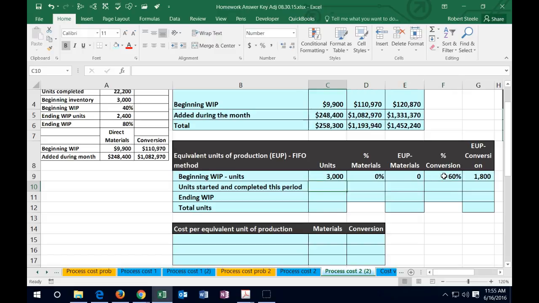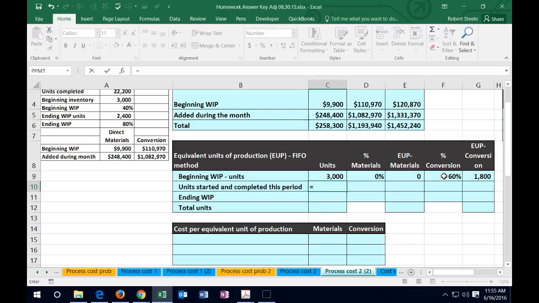So then we're going to have to calculate the units that are started and completed. The reason we want to do this is because, of course, if they started it and completed it, then the equivalent units are going to be 100% both for materials and conversion. That's why we want to break this out in this kind of funny calculation we haven't really worked with too much before, and break out the amount that are started and completed for this equivalent unit calculation.